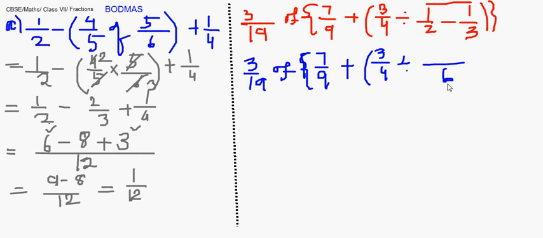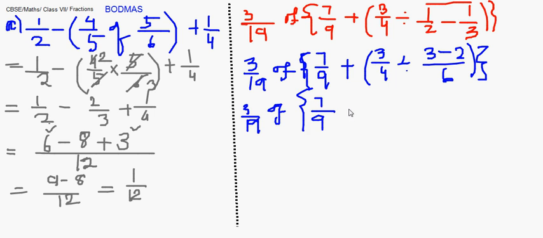Now 6 divided by 2 is 3, 6 divided by 3 is 2, thereby finishing our second bracket. Let it be as 3 by 19 again at this step, because now we have to attend the one which is in the bracket. So in the bracket it is 3 by 4 divided by 3 minus 2, that is 1 by 6.